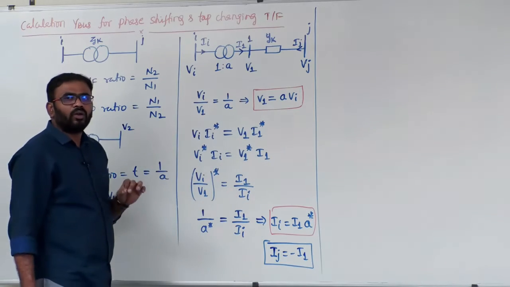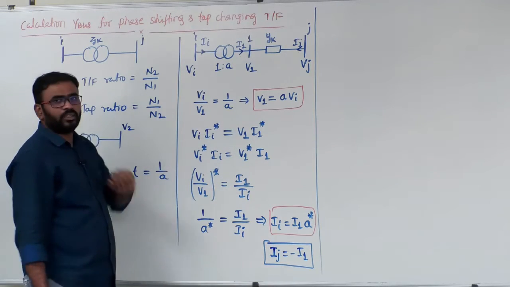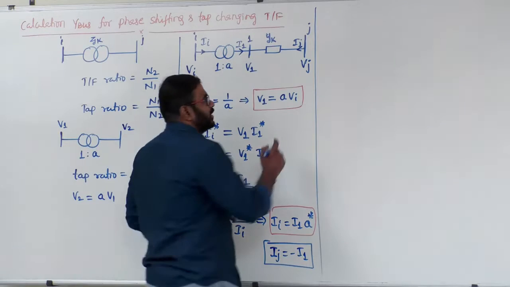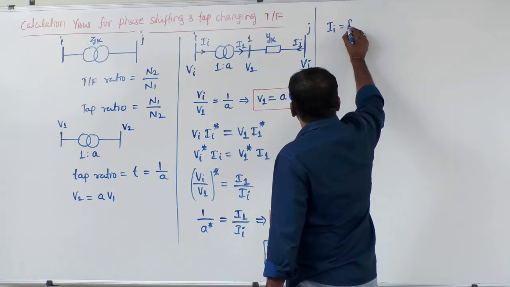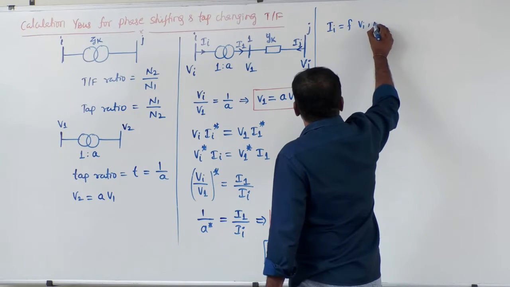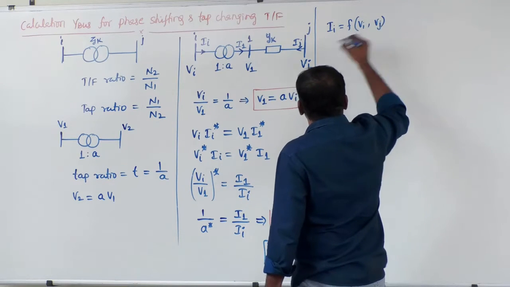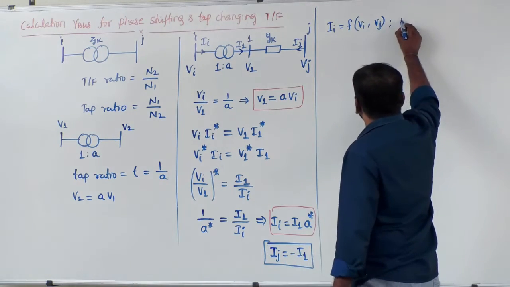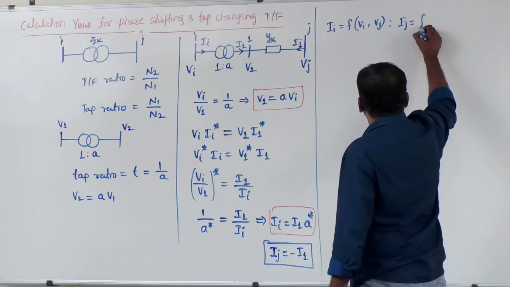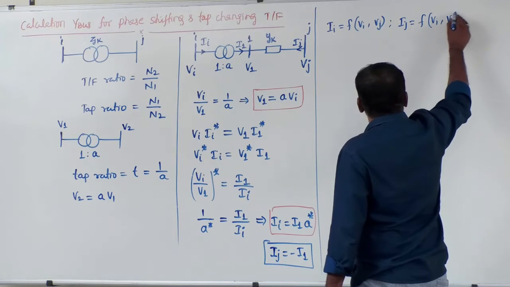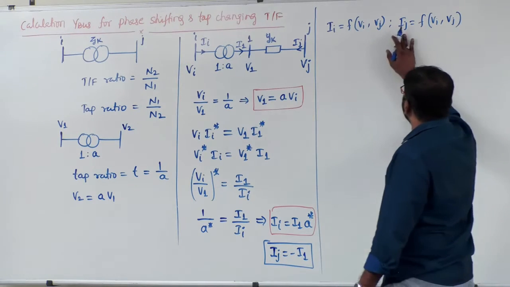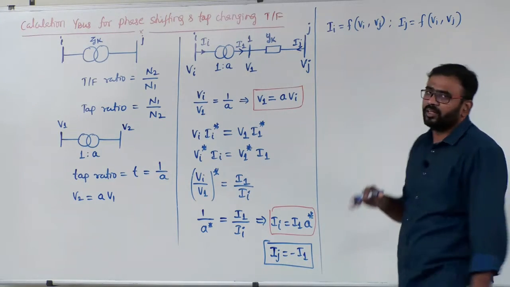Now how to calculate the Y bus for this? Simple, sir. We need to write Ii as a function of Vi and what? Vj. Indirectly it is a two bus system. Similarly we need to write Ij also as a function of Vi and Vj.